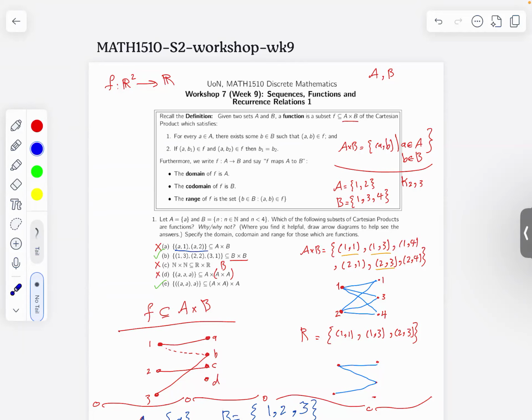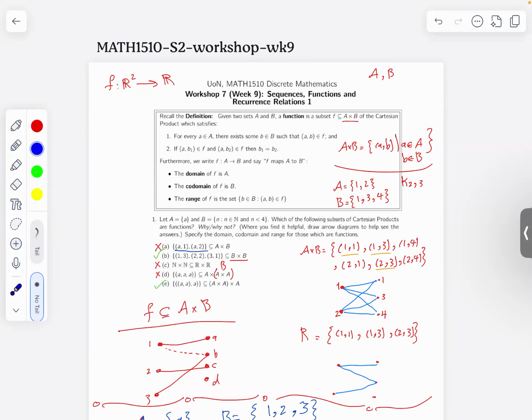We will see the definition of the recurrence and how we are able to solve some of the recurrence relations.